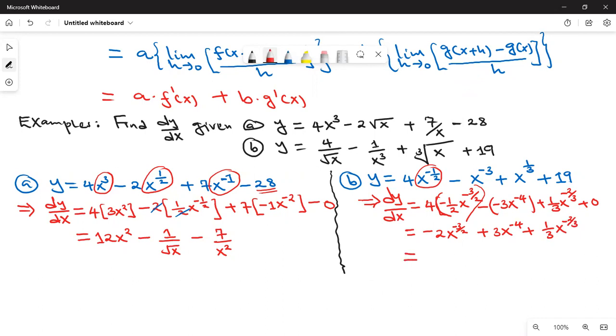Alternatively, you can write this as negative 2 divided by x raised to 3 over 2, plus 3 over x raised to 4, plus 1 over 3 x raised to negative 2 over 3.